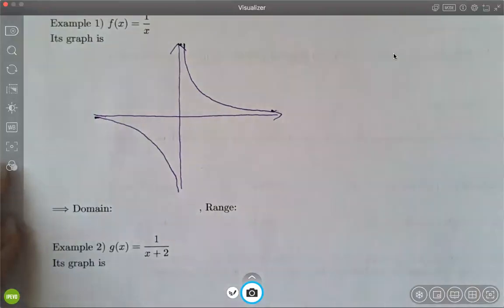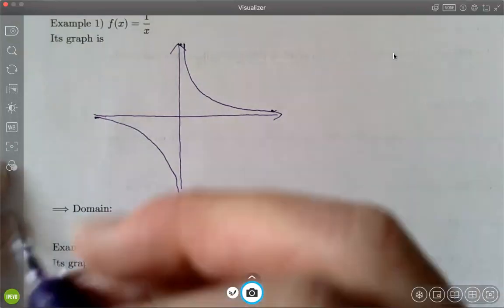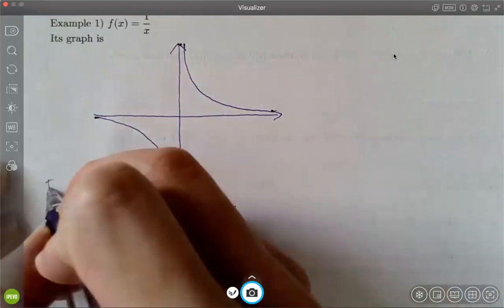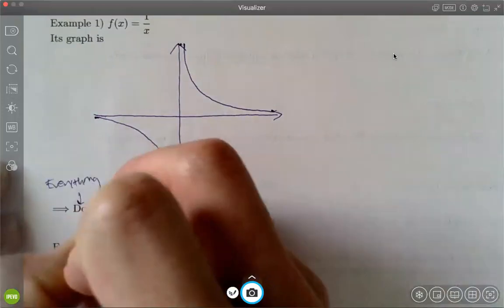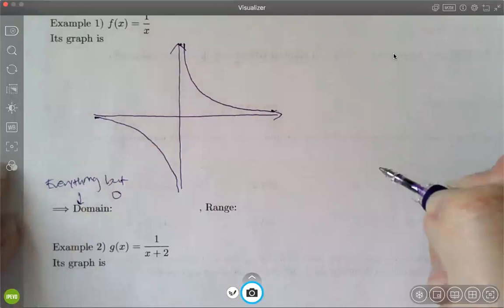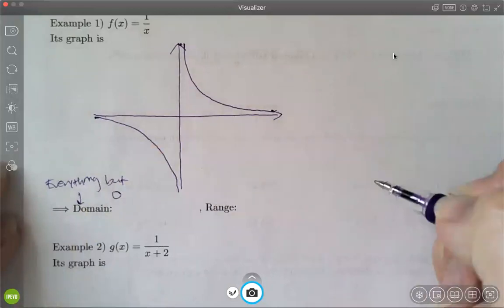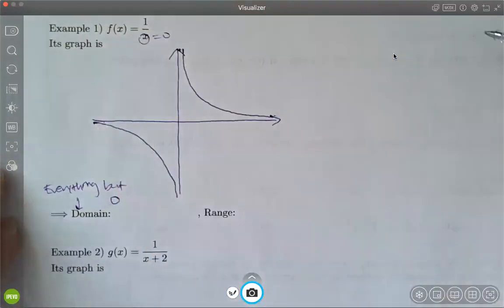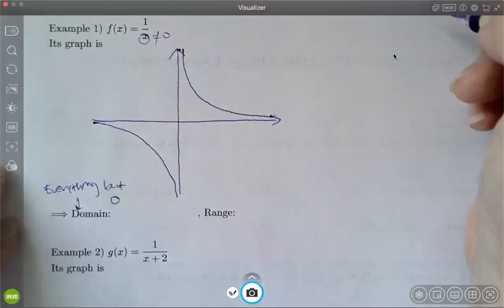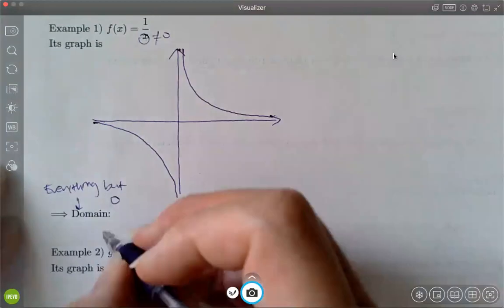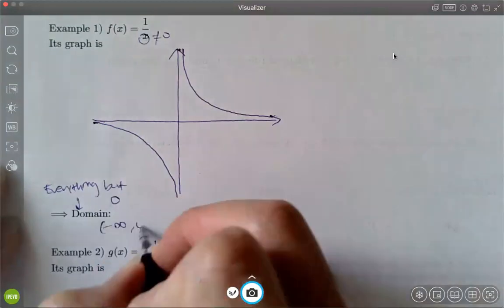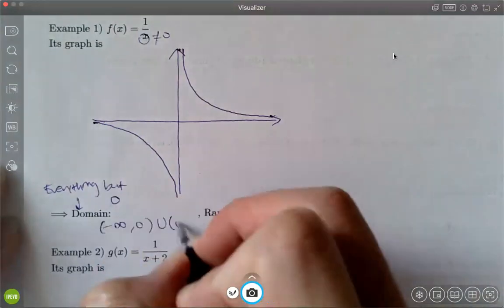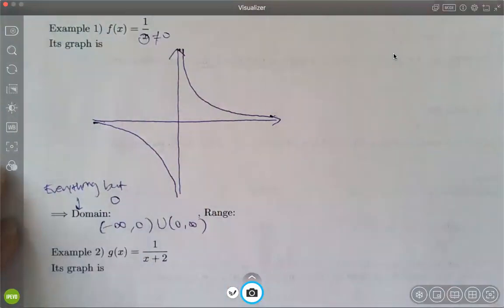0. 0, right? Yeah, so what does that mean? The domain is everything but 0, right? Okay, so basically you said, you know, the denominator equal to 0, but actually it can't be equal to 0, right? Okay, so what's the domain? Negative infinity, comma, 0, union, 0 to infinity, right? Okay, and now the range.